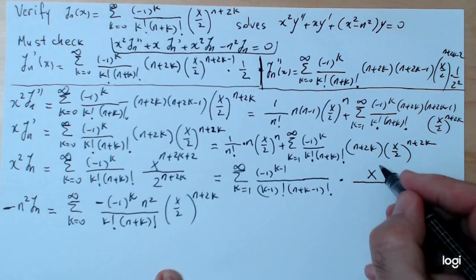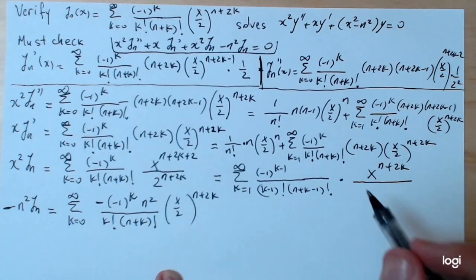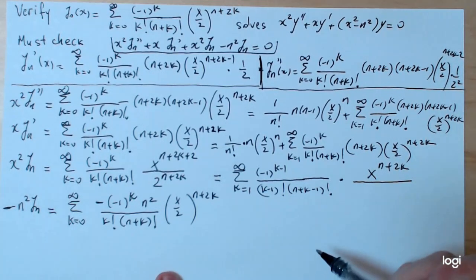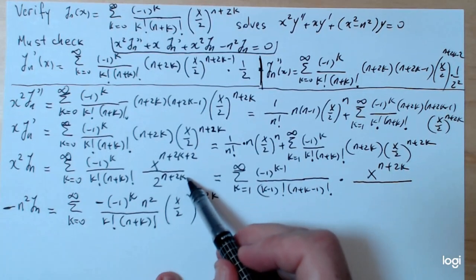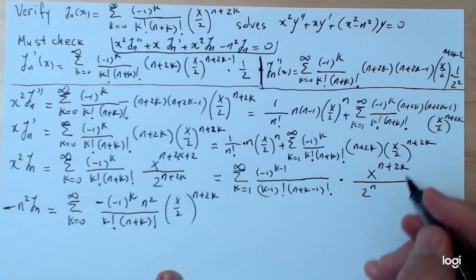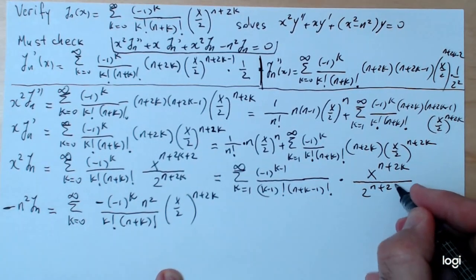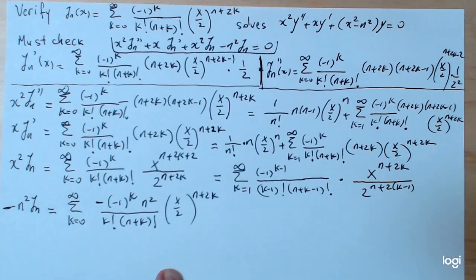So this is going to be x to the power n plus 2k. And this will be 2 to the n plus 2k minus 1, like that, in parentheses, or 2k minus 2.